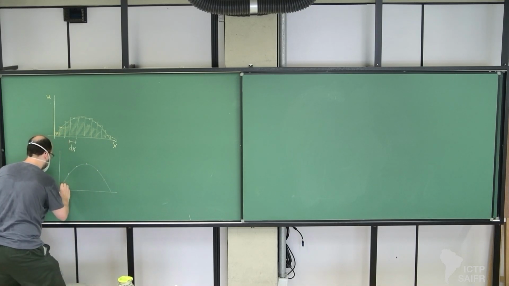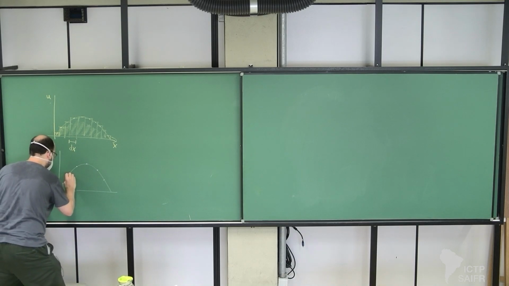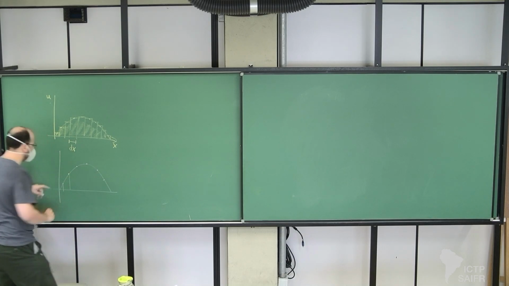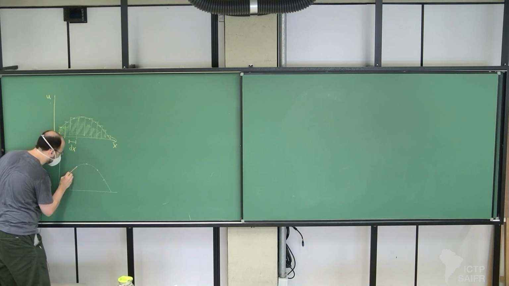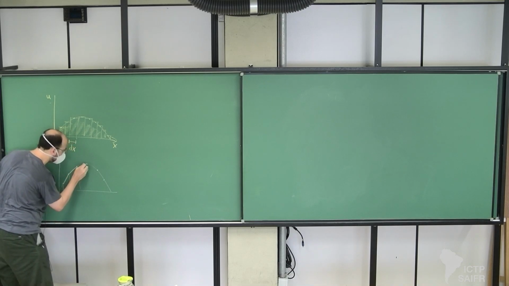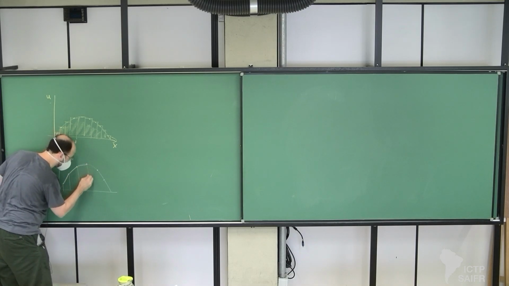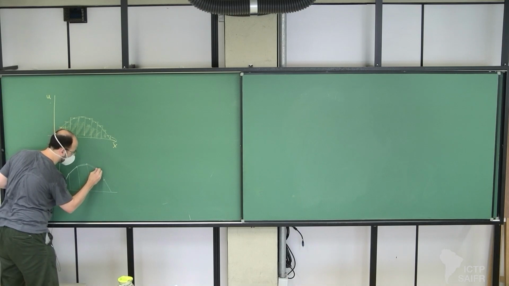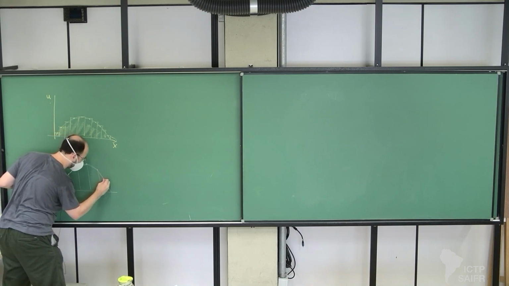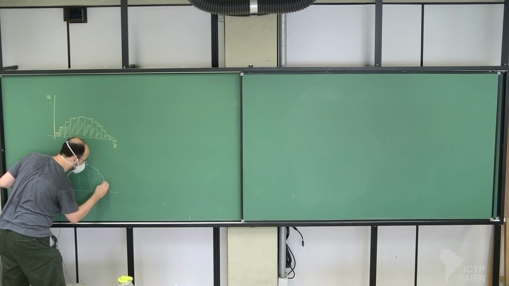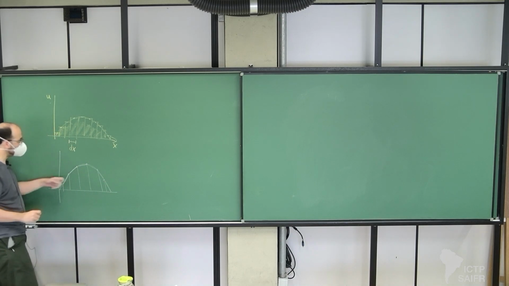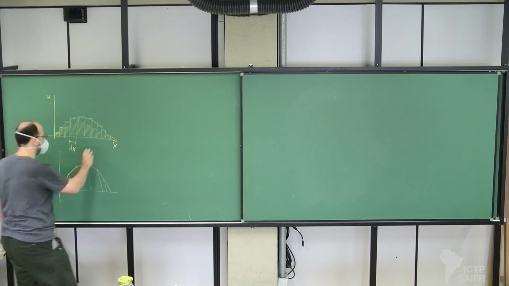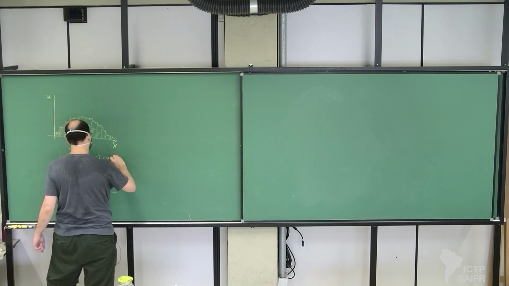So instead of saying that each point represents a rectangle, I say that this represents a trapezoid, okay? So I connect them with straight lines. I think I need also points over here. And this here is also the trapezoidal rule, okay, to integrate.